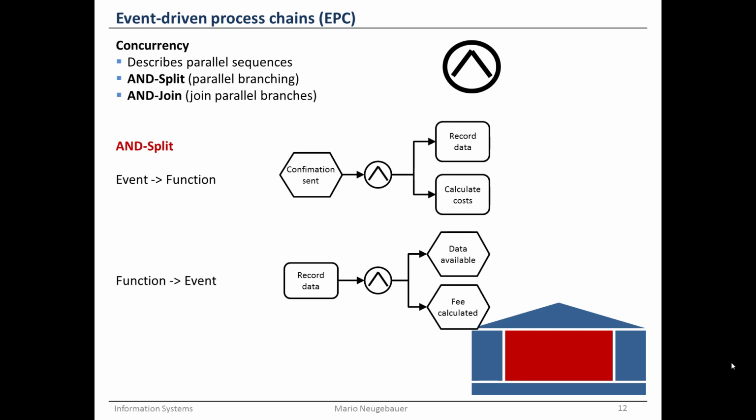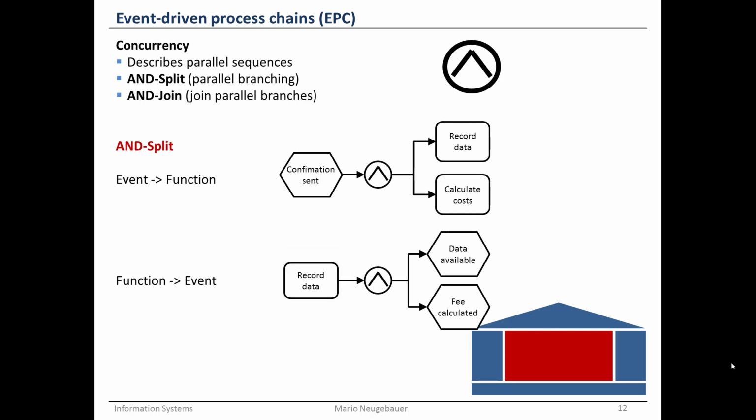And these two events are here. The data are available. After the data were recorded, the data are available. And the fee finally then is calculated also. So two different events which follow on the function record data.